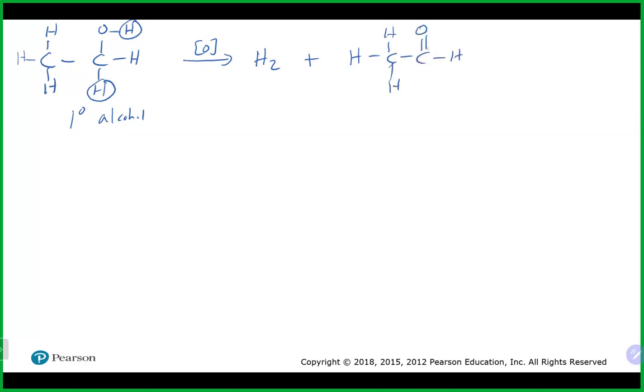And the way we fix it is we do need to insert our double bond, which will make, again, our aldehyde in this case. Now, the reduction reaction is actually the reverse reaction.